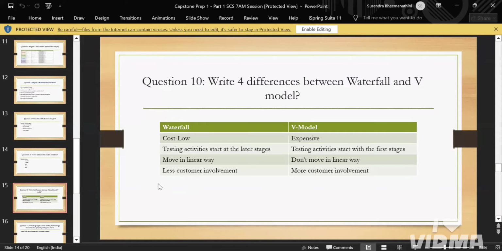Okay. And here we have the waterfall and V model differences. You need to write down the differences between waterfall and V model. Four differences is enough.